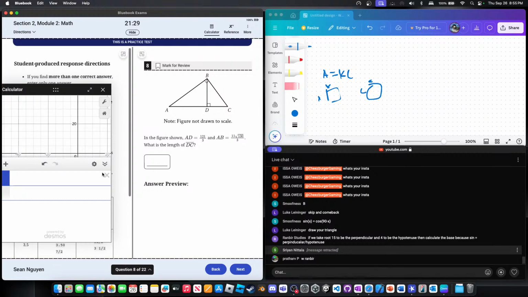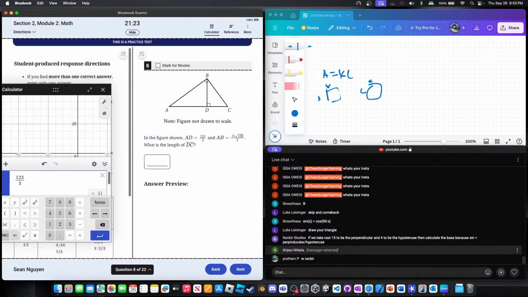Okay, as shown in the figure, AD is equal to 121 over 3, so AD is 41. And AB is 11 square root 130 over 3.